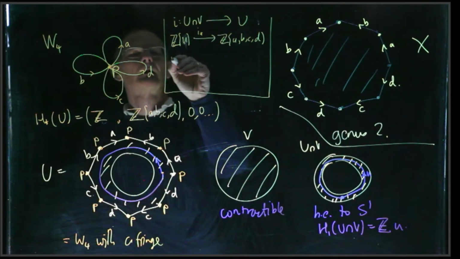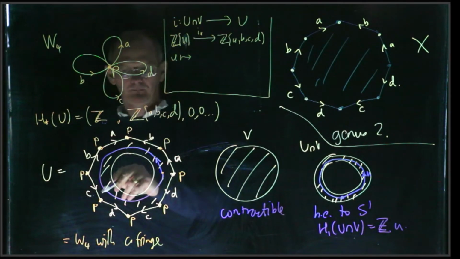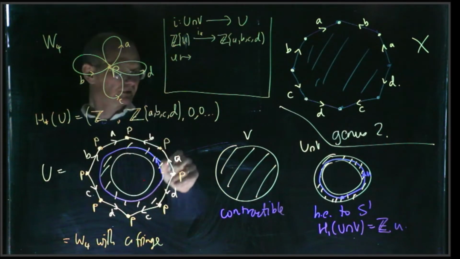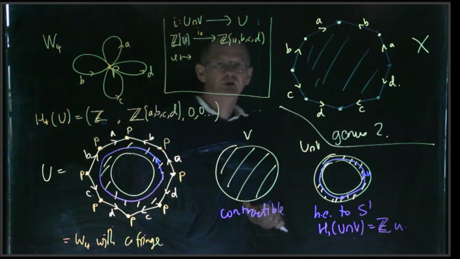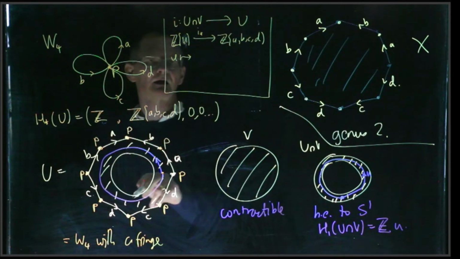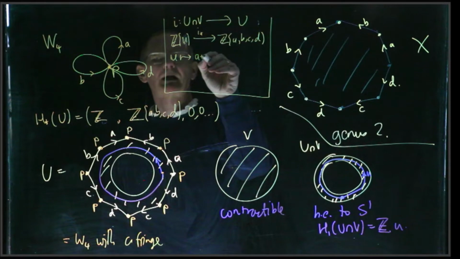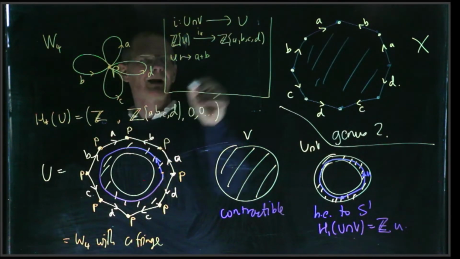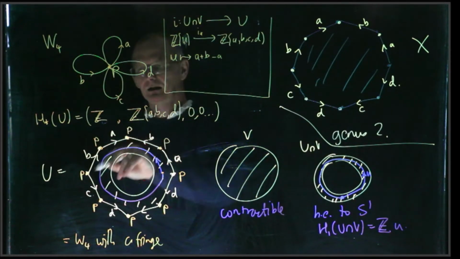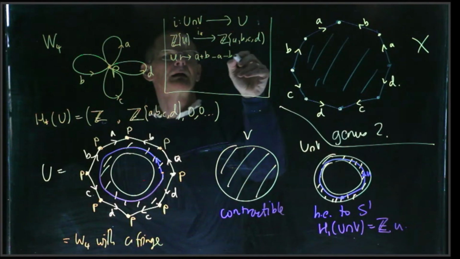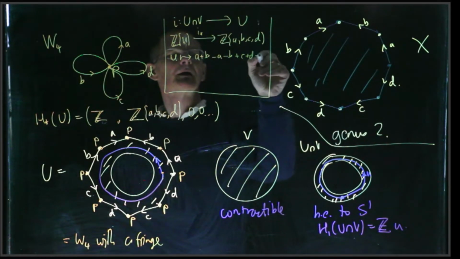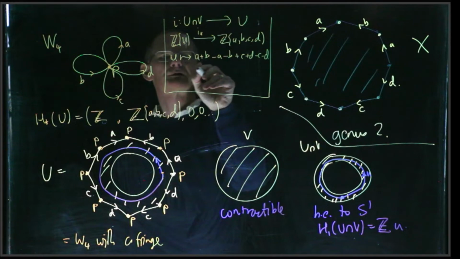So you've kind of got a join of paths, but join of paths corresponds to addition of homology classes. So you get A plus B, but then you get A backwards, which counts as minus A, B backwards counts as minus B, plus C plus D minus C minus D, which is 0.